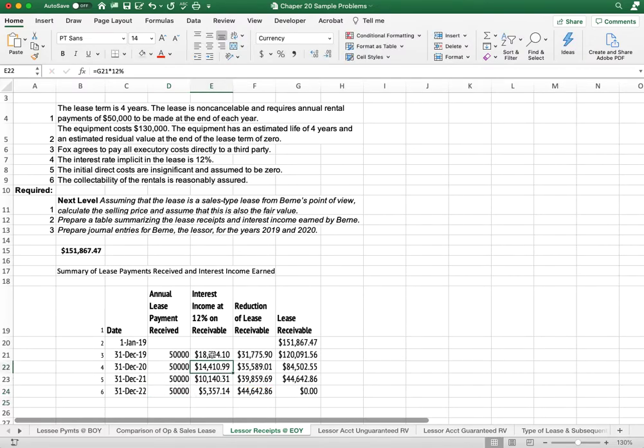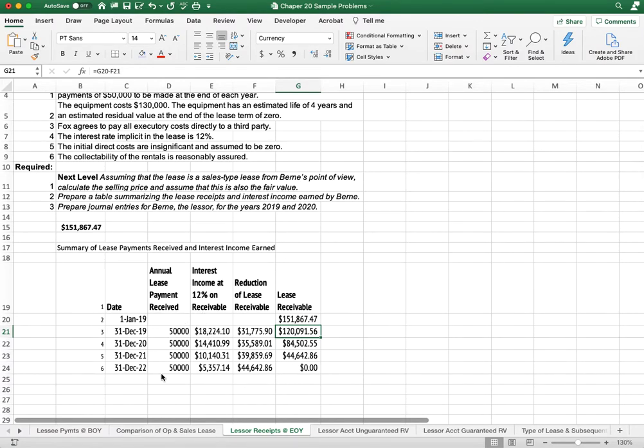And so we were able to just pull down those formulas of saying the previous balance times 12%, and then this formula saying the payment minus the interest, and then this formula being the previous lease receivable minus the reduction, and we pulled that the whole way down. And then once we plugged all of our payments in, it works out in our table, and we have a 0 balance at the end. So that is always a good sign.